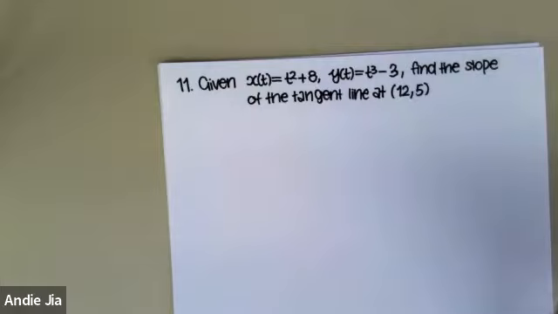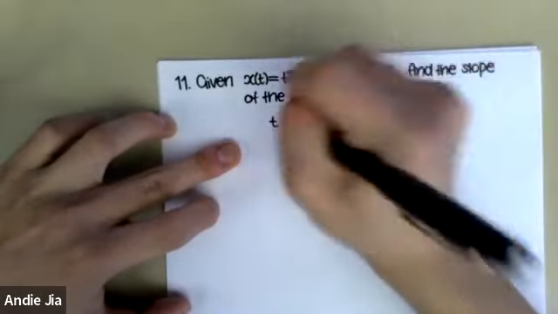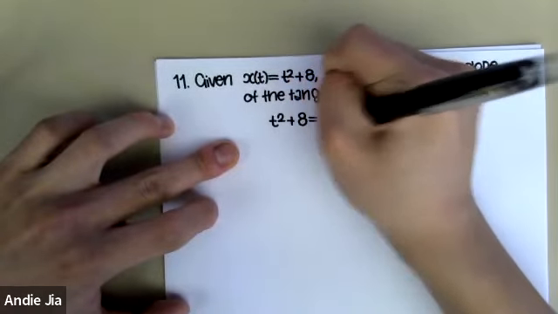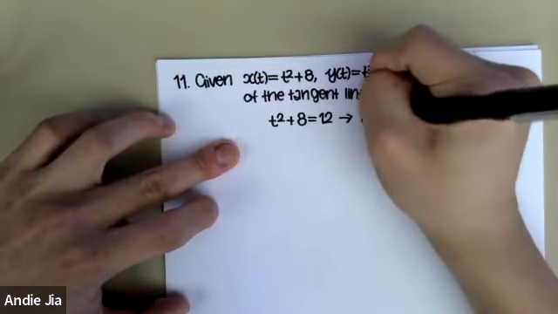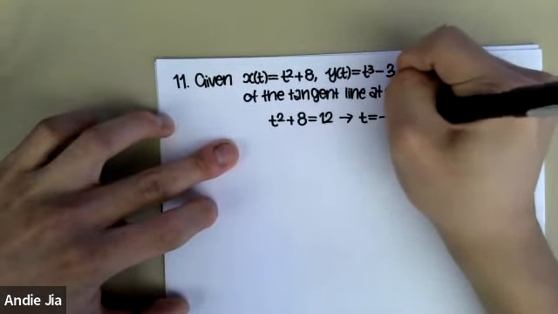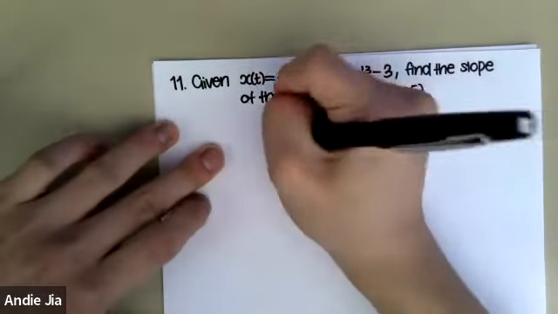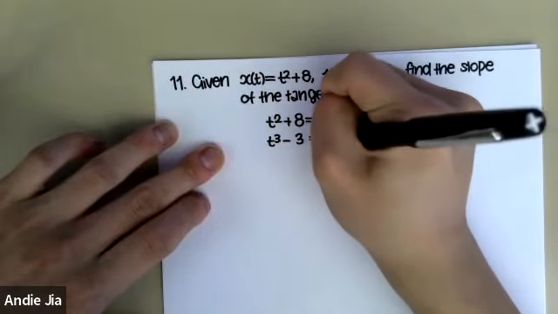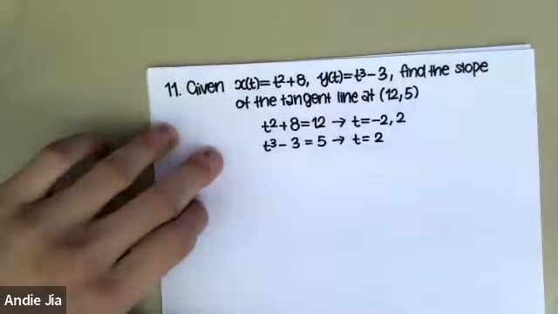So the first step is to set t squared plus 8 minus 12 equal to 0, which gives t equals -2 and t equals 2. If you set t cubed minus 3 equal to 5, t is 2.